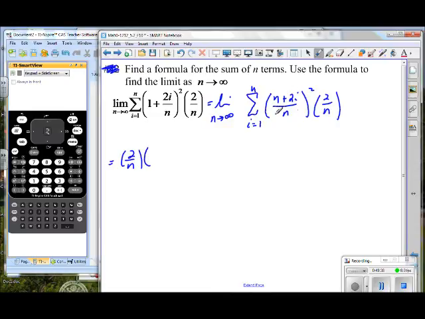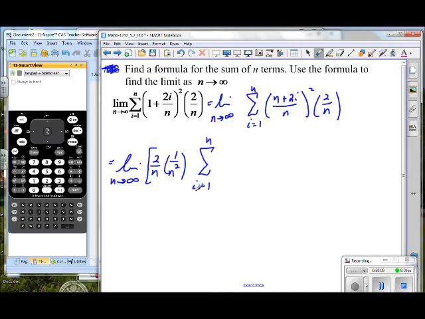And again, if I square the fraction, it's the same thing as squaring each the denominator and the numerator. And let me rewrite that so we get the limit in here also. So I have the limit as n goes to infinity of 2 divided by n times 1 divided by n squared, then times the summation, i goes from 1 to n.